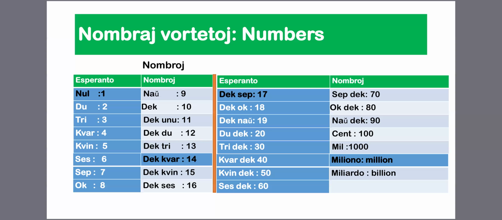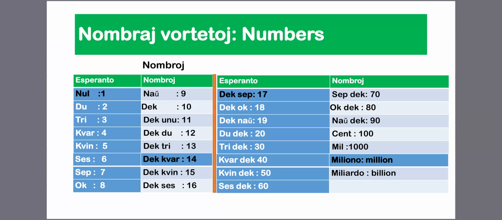Dek du, dek tri, dek kvar, dek kvin, dek ses, dek sep, dek ok, dek naŭ, du dek. Du dek is double 10, which means 20. Du is 2, dek 10. So if there are 3 tens, there are 3 dek. If there are 4 tens, kvar dek, kvin dek, ses dek, sep dek, ok dek, naŭ dek, cent.